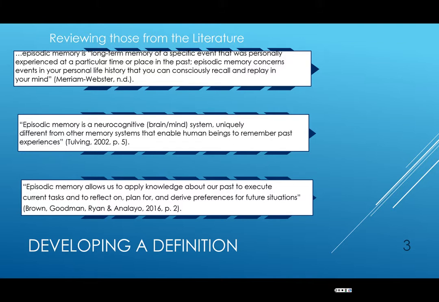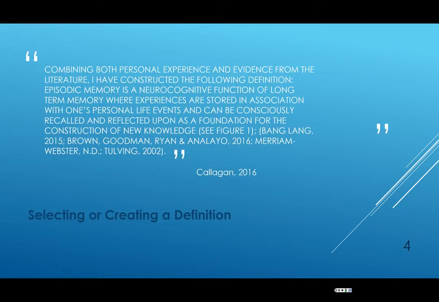These three come from the literature defining episodic memory. Now, one of those you might find is complete, or you feel has all the major characteristics or the essence of the definition, so that you could just choose to use that definition.